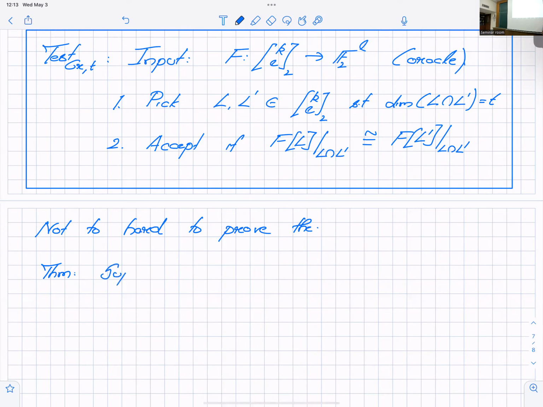Suppose the probability that the test accepts is greater than delta. Notice we are always working in this very small regime. It's not in the 1 minus delta regime.